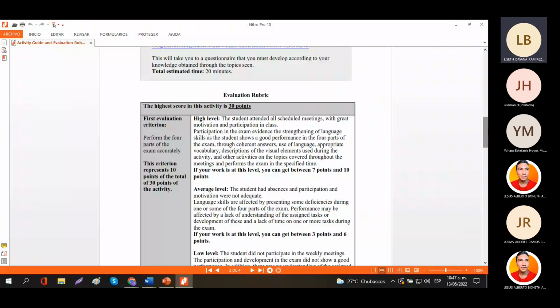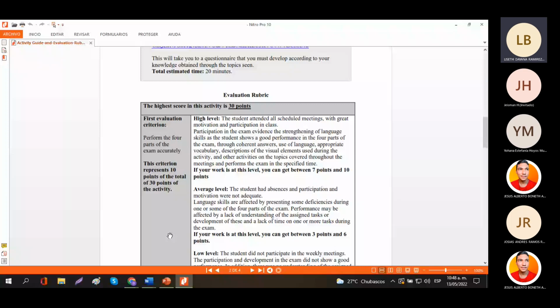In the evaluation rubric, you will be evaluated on your performance taking into account the following. The first evaluation criterion: perform the 4 parts of the exam.